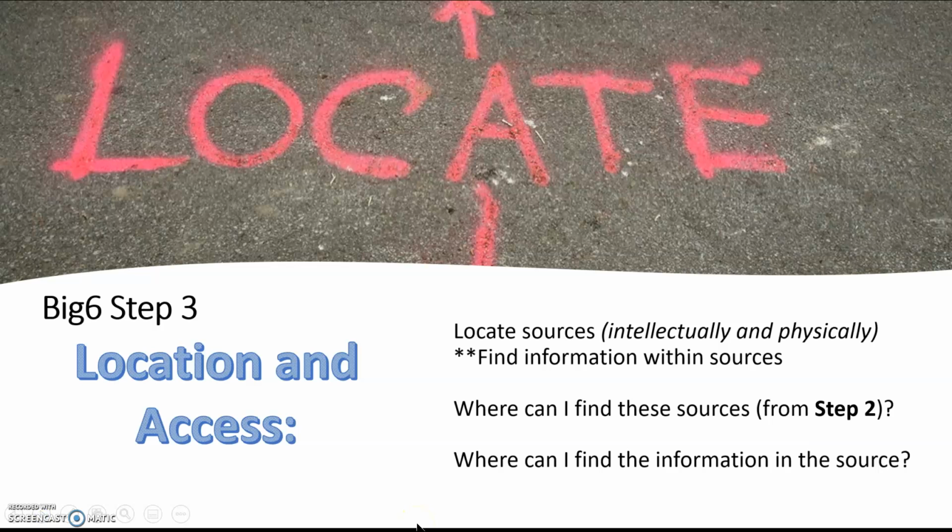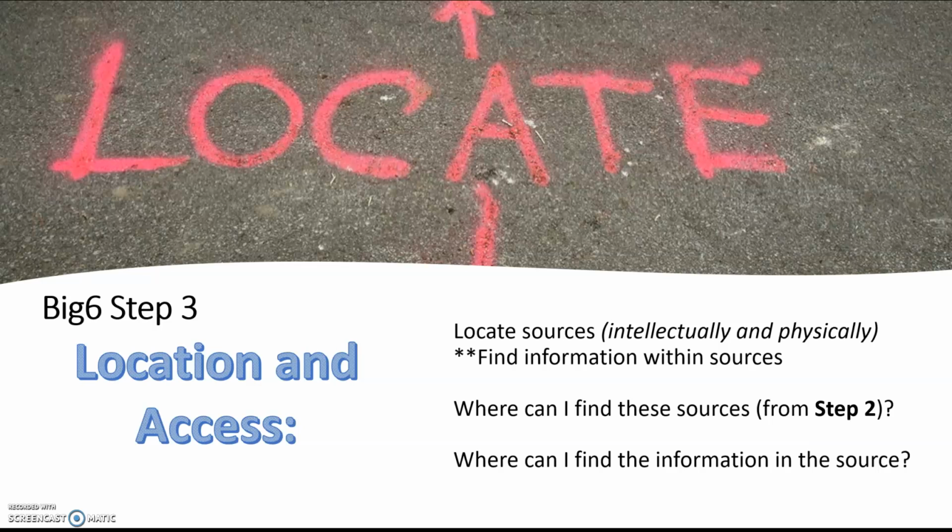Your third step is location and access. What this means is you have to actually go find these sources. So if you need information on a president, are you going to go to a certain website? Are you going to use some books in the library? Are you going to use your textbook?